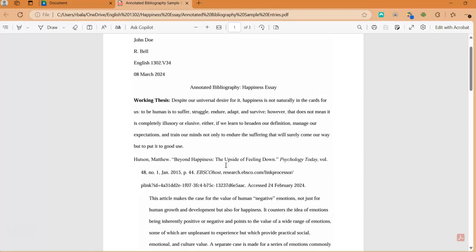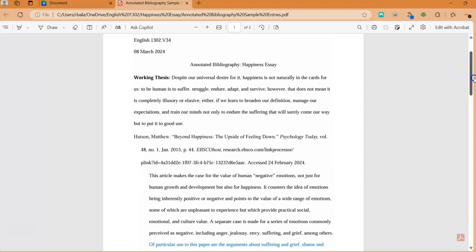So as you do this, just remember they're in alphabetical order, that they're not in random order. In this example here, Hudson is the first example in the alphabet, and this is actually from one of the articles that we have in the class that you've already read called Beyond Happiness, the Upside of Feeling Down. And this does tie into the working thesis that I have, but let me explain what the parts are.